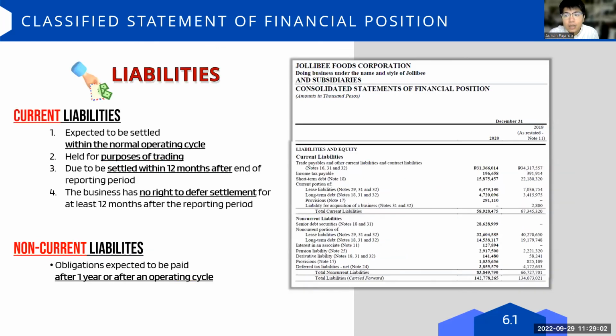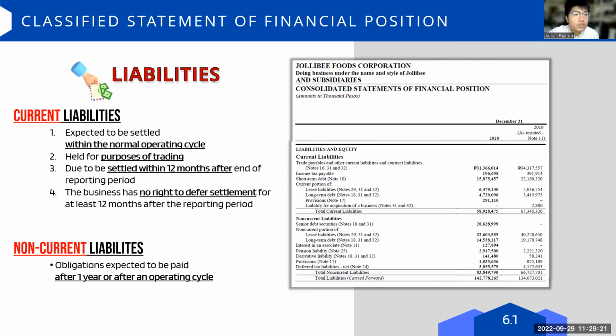In liabilities, we have current liabilities and non-current liabilities. Now, current liabilities have a very strict definition, right? Number one, it should be settled within the normal operating cycle. Or second, it should be held for the purpose of trading.